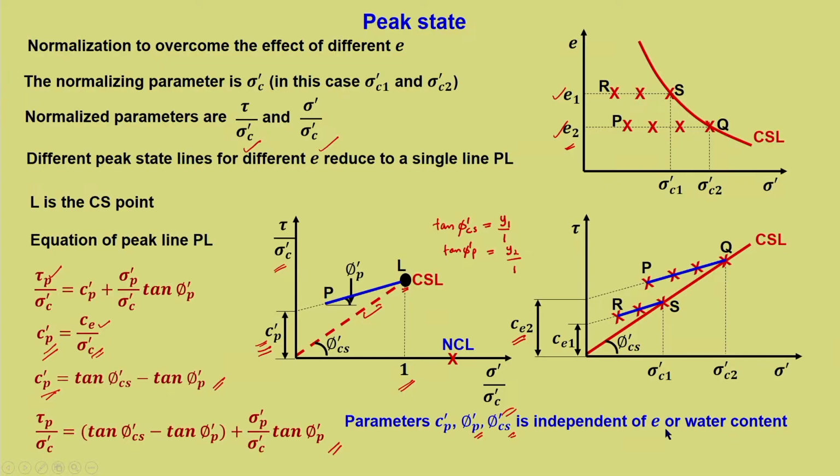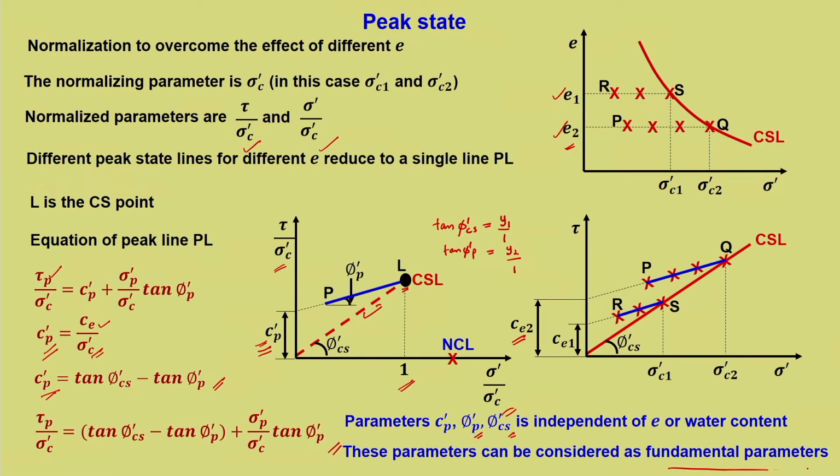So, it is normalized now. So, this parameter, it is independent of the initial condition, that is E. Hence, these parameters can be considered as fundamental parameters only after normalization.